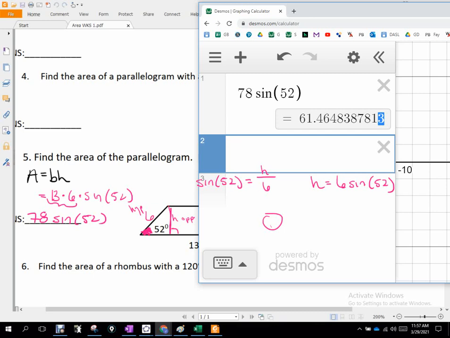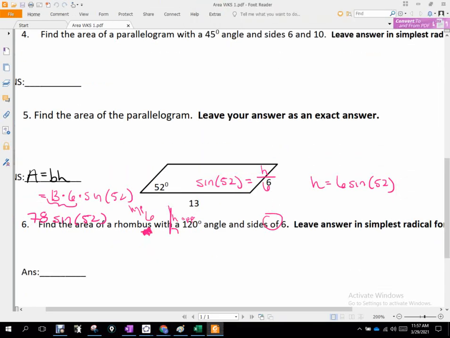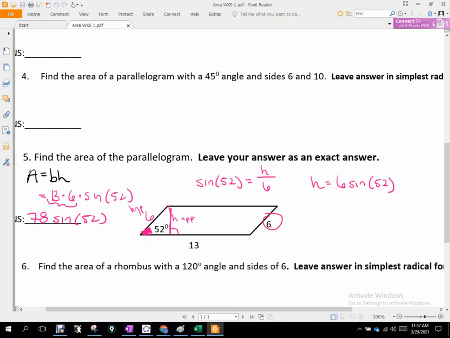Some programs, I used to have one, but since the whole virus thing, my program disappeared and I can't get it back, and I have to pay for subscription and stuff like that. It's kind of a pain, but it would show. I could type in that number and it could show me however many decimal places I requested. I think up to like 100 million decimal places, something like that.